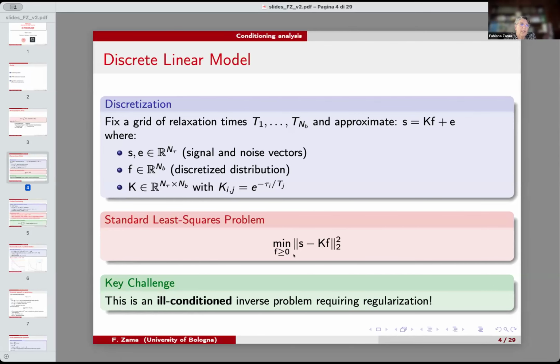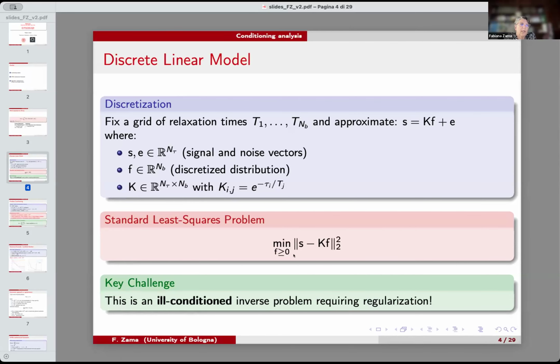Anyway, this problem is ill-conditioned. This matrix is ill-conditioned. Why is it ill-conditioned? We will see that we have a way to discover its ill-conditioning, but the ill-conditioning comes from the discretization of an ill-posed problem, because this is a Fredholm integral equation, and this equation is ill-posed in the sense that the singular values of the continuous operator have a decreasing behavior, and they tend to zero.